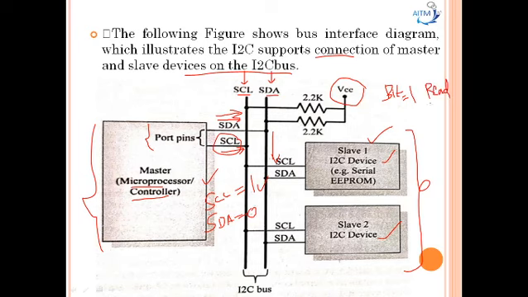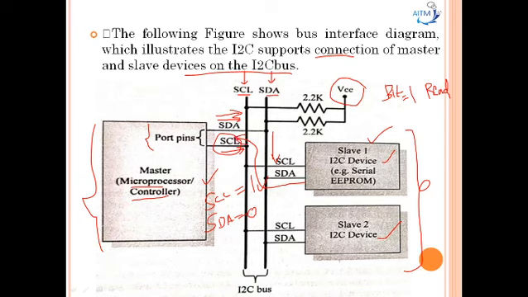Then the master device waits for the acknowledgement from the slave device. The slave device with the address requested by the master responds by sending an acknowledgement bit over the SDA line. Now the slave will send the acknowledgement to the master.